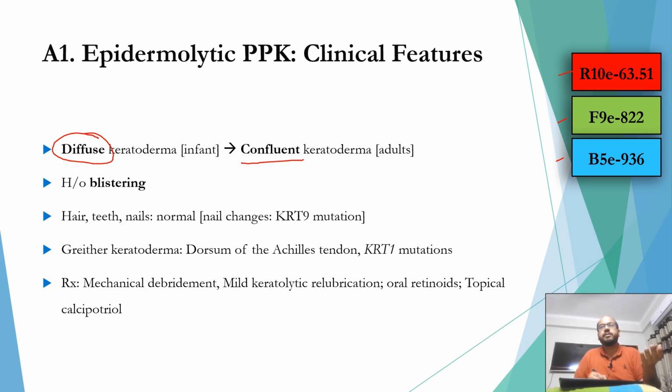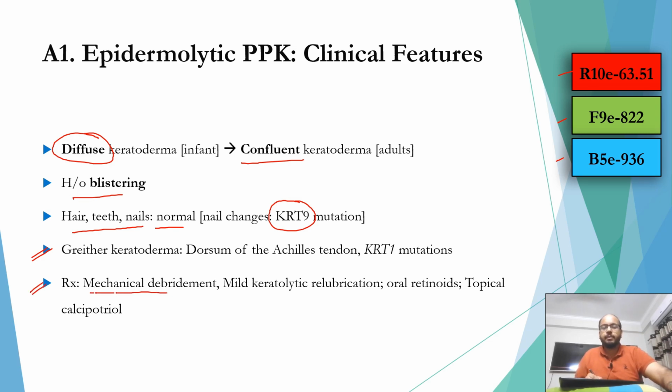You may not see blistering or epidermolysis when the patient presents to you, but there is always a history of blistering in the past. Hair, teeth, and nails are normal. In fact, in some mutations of keratin 9, some nail changes are seen, but mostly these structures are normal. There's another disorder by the name of Greither keratoderma, but we'll discuss that later.